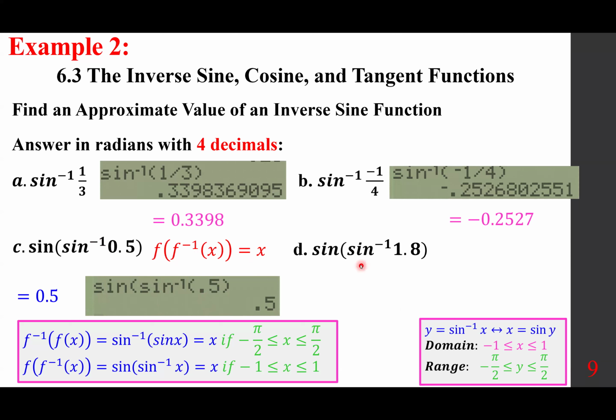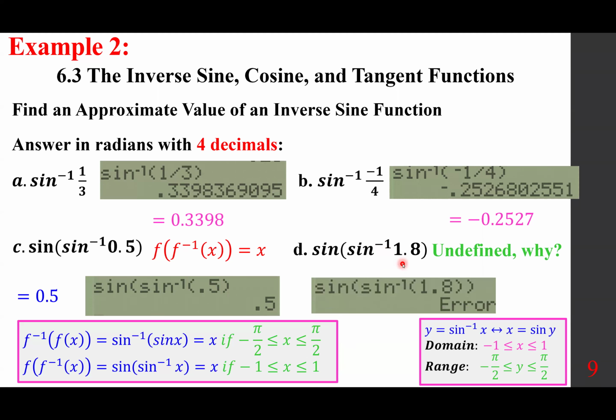Now, what about sine of sine inverse of 1.8? Look at the inner function, sine inverse. Sine inverse must be between -1 and 1. It's not, it's undefined. It doesn't have any solution. And even if you put it into a calculator, it doesn't work. One way to do this is to look at this part only and say, okay, sine inverse of 1.8 equals x.